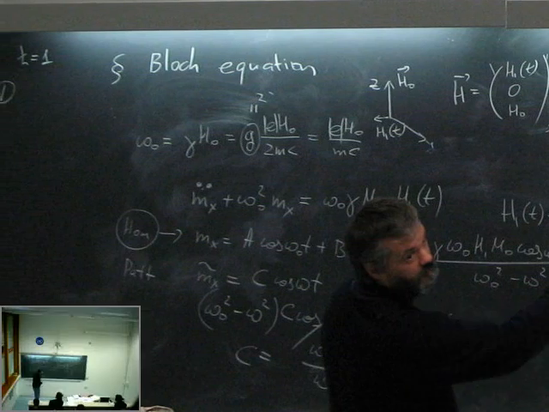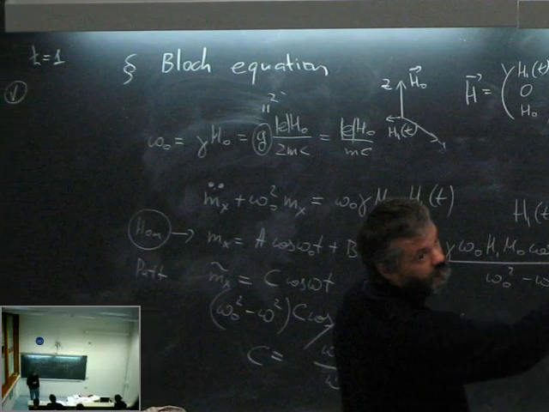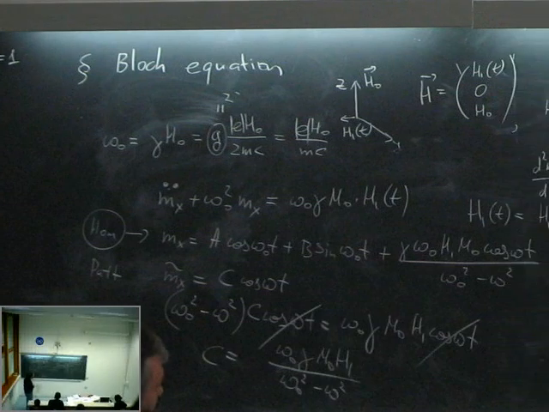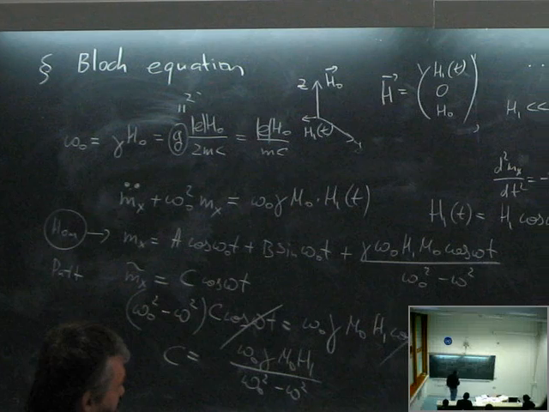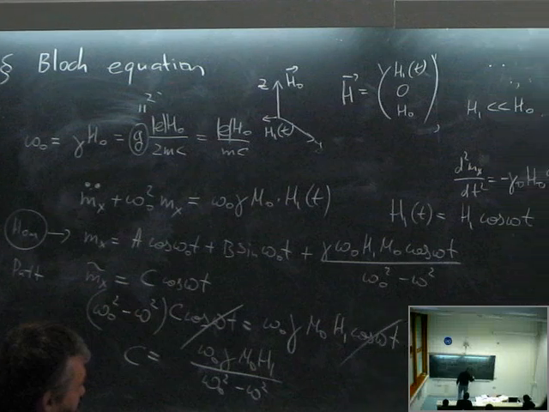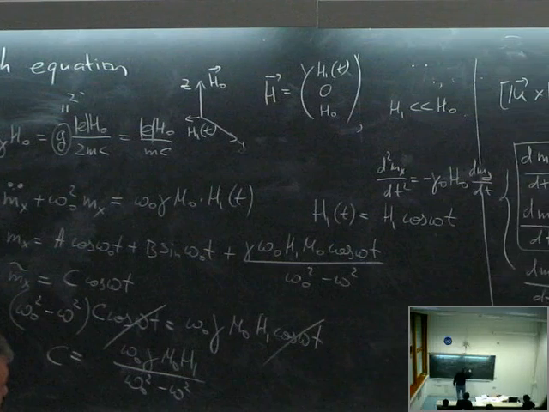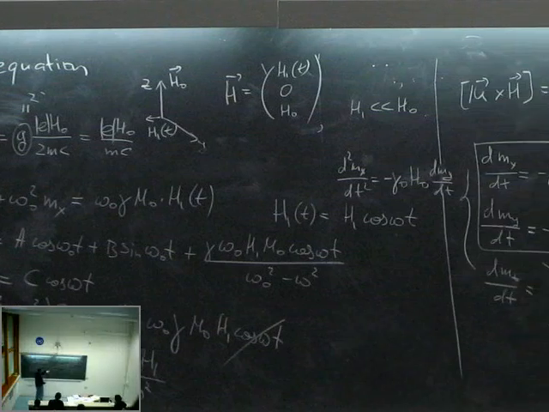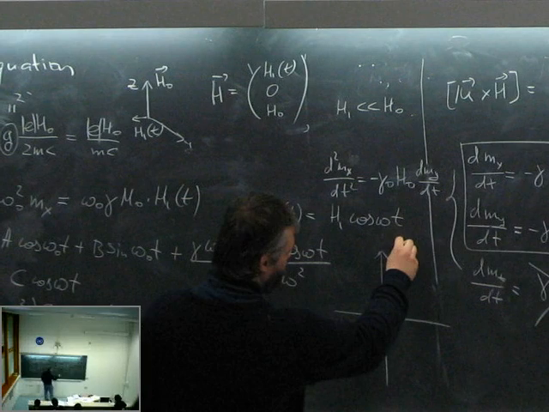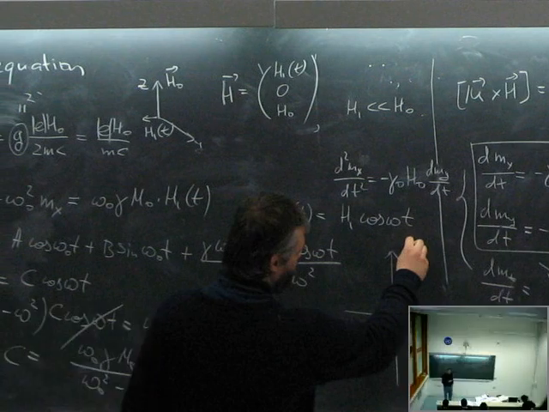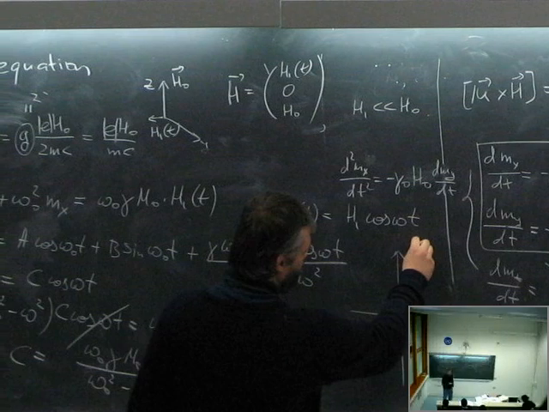It's an interesting question. What happens if omega is equal to omega naught? Then you will see that susceptibility has two delta functions. So as I said, susceptibility chi xx is a complex function. It has a real part and an imaginary part.